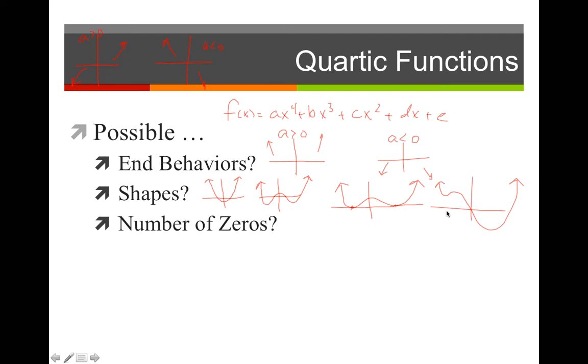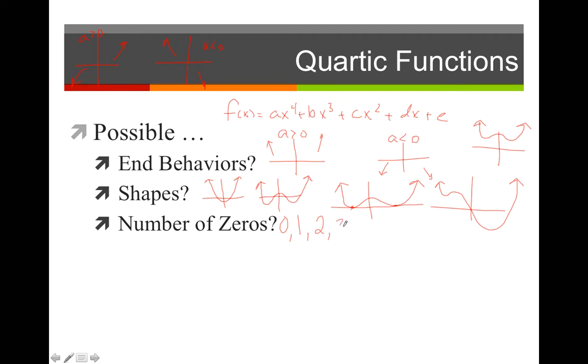But notice this, the number of zeros. I can actually draw a graph of a quartic that has no x-intercepts. If I looked at this U-shaped one, I could have it where there's one x-intercept. This one bounces off the x-axis, and I can have 2 x-intercepts.